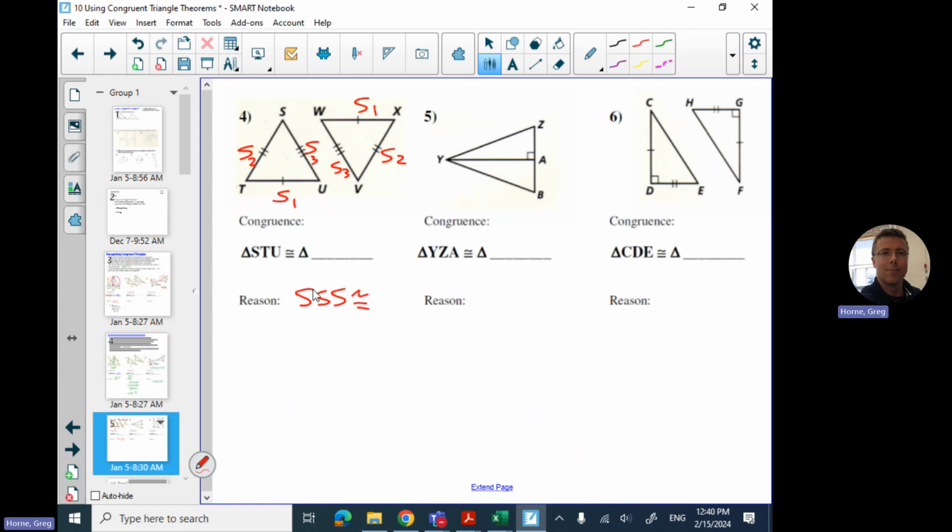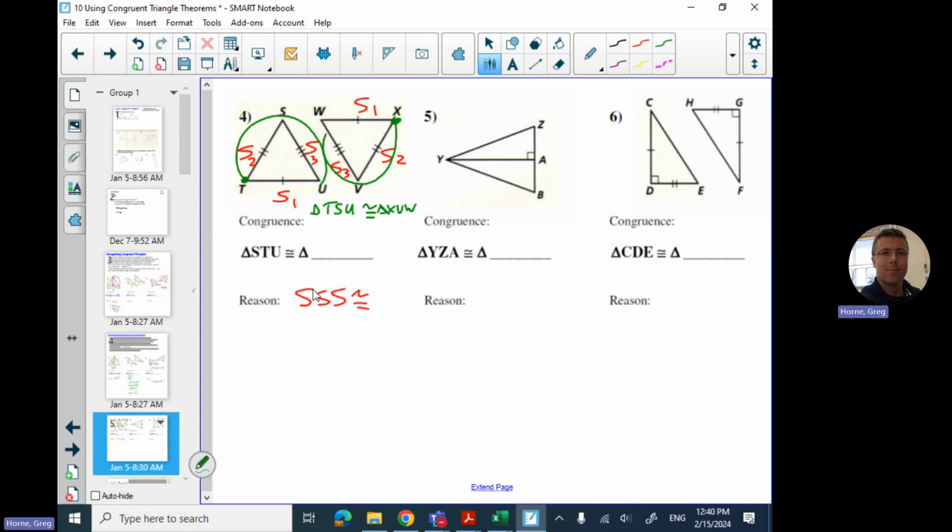So then, let's go from the intersection of 1 and 2. Let's start there. If I go around to the intersection of 2 and 3 and cross, then, actually, I better start the way they ordered. The way I just did this, I'd be saying triangle TSU would be congruent to triangle XVW.